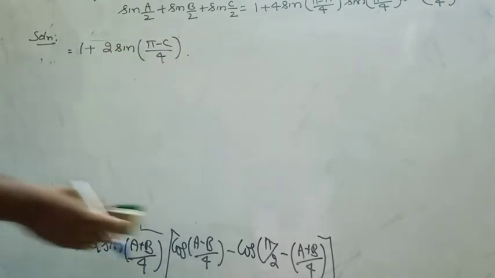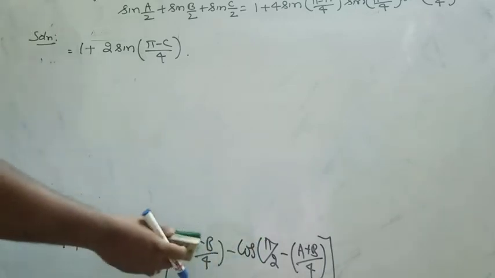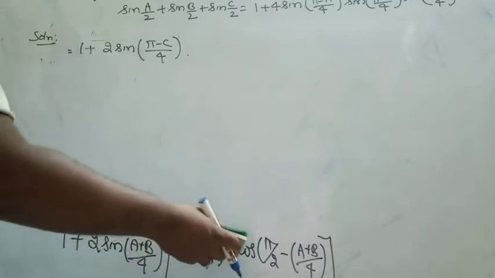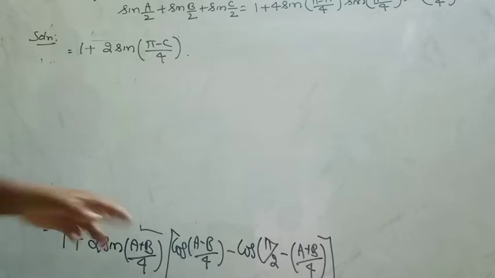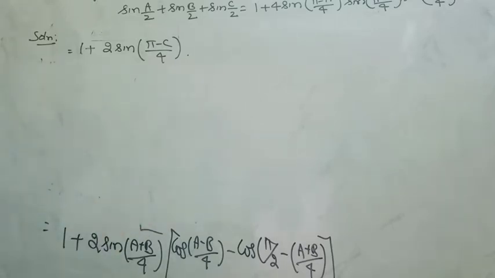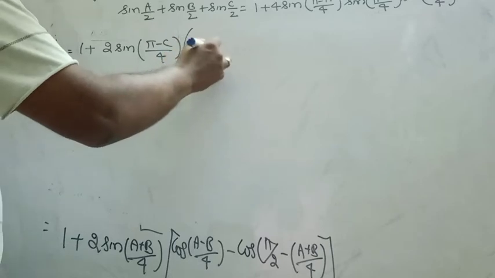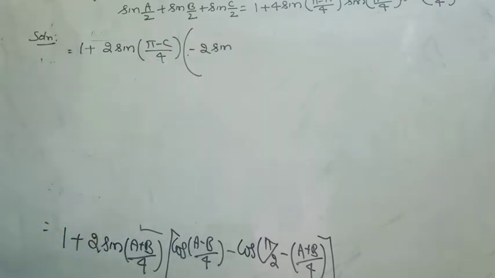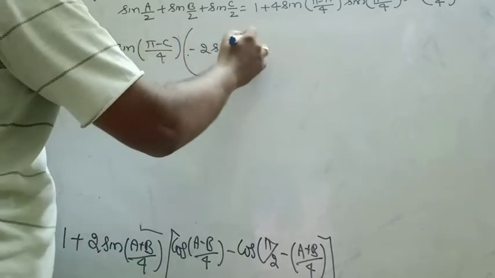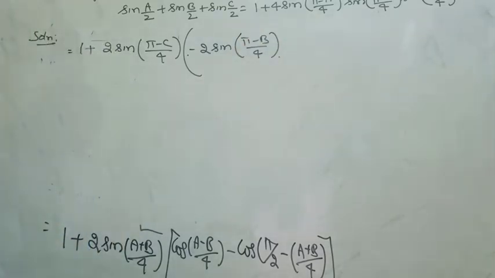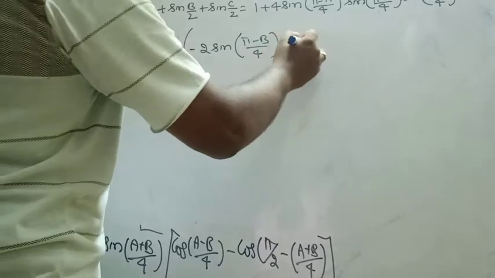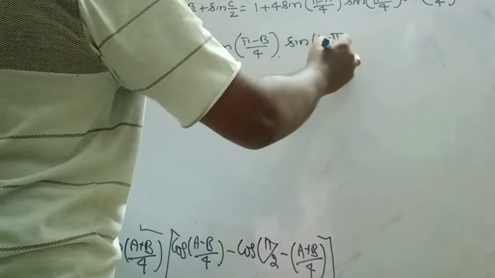Now you can apply cos C minus cos D. This is cos((A−B)/4) minus cos(π/2 − (A+B)/4). If you apply the cos C minus cos D formula, the result is minus 2 sin((π−B)/4) into sin((A−π)/4), like this.